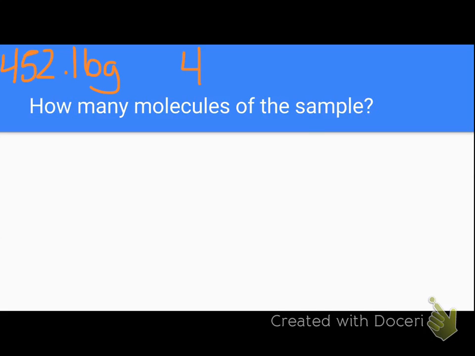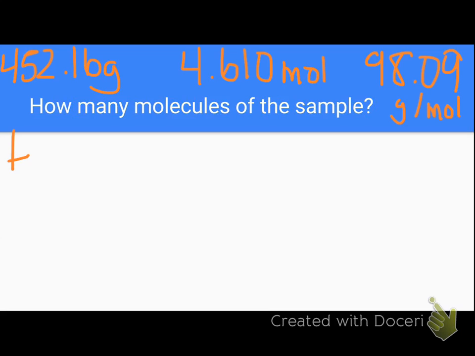We had 4.610 moles, and our molar mass was 98.09 grams per mole, and remember our sample is H2SO4. Pause this, come back, and we'll take a look at your answer.